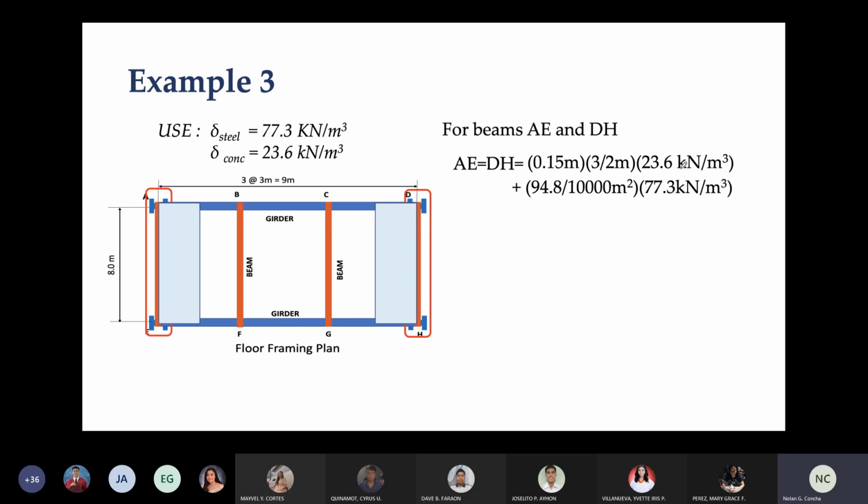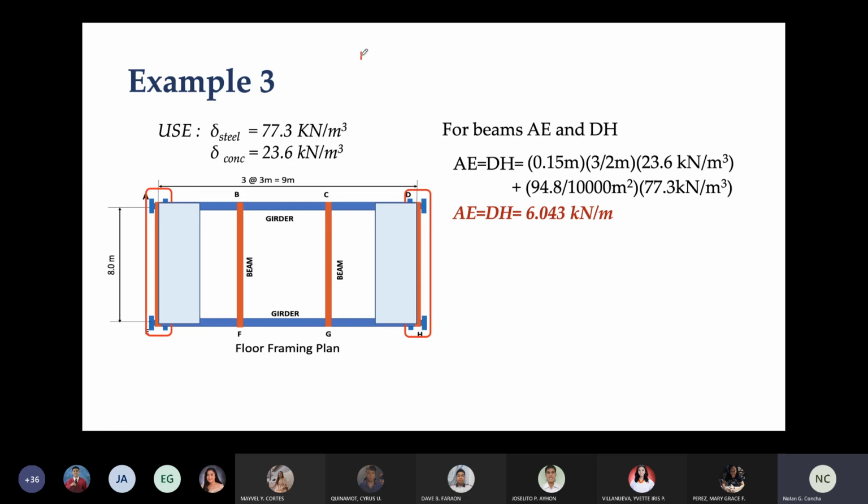So this is only the weight of the slab imposed to the beam. But in addition to that, meron din siyang self-weight. And that self-weight is again the area multiplied by the unit weight. So the area is 94.8 square centimeters. So in meter, that is divided by 10,000. And so the total weight is 6.043 kilonewton per meter for the whole length.